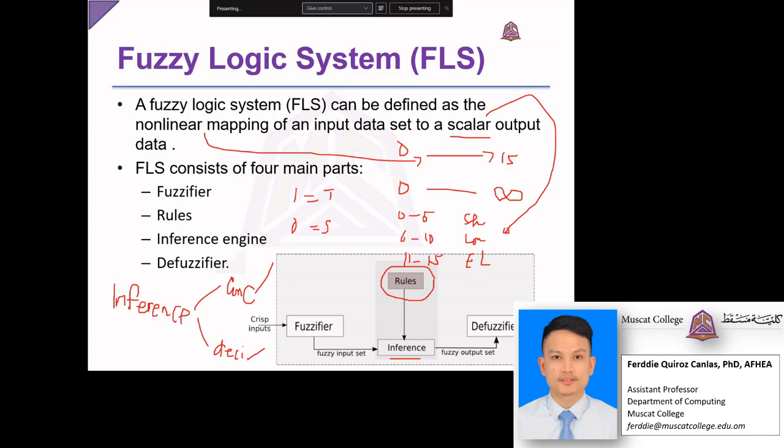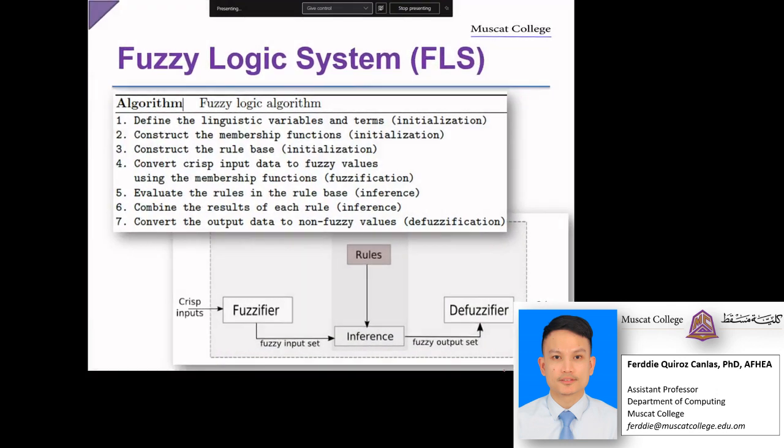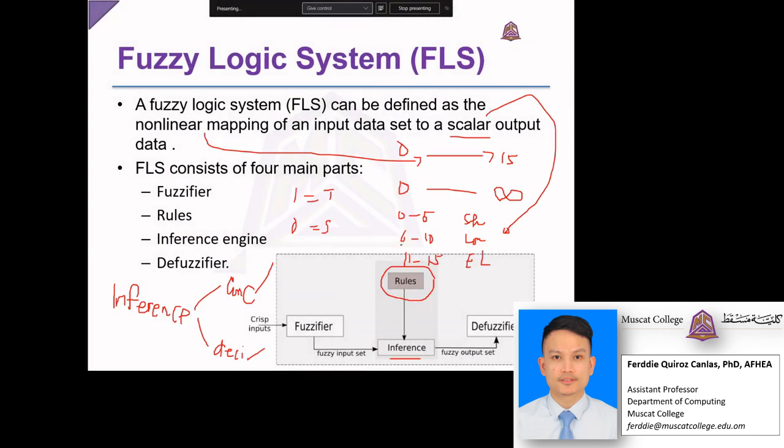And then we have the falsifier. Let me discuss the difference between the falsifier and the defalsifier. The inputs for our fuzzy logic system, we call them the crisp inputs. These crisp inputs are normally non-linear values.